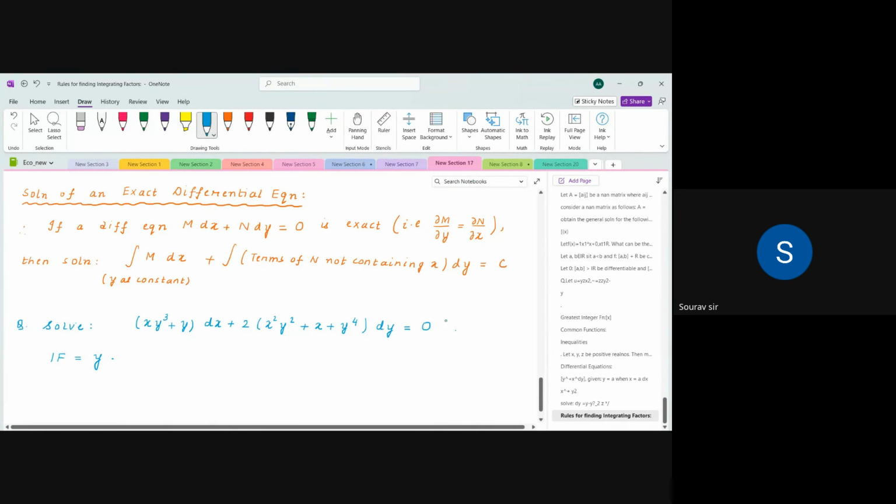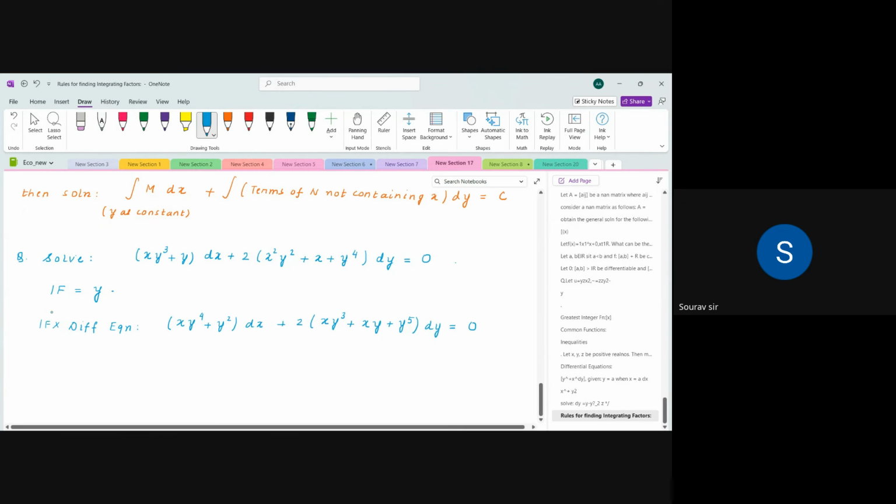So what was the idea of an integrating factor? That if you multiply the integrating factor with the differential equation, then the resultant differential equation is exact. So if you multiply it, what are we getting? x y to the power 4 plus y squared dx plus 2 x y cube plus xy plus y raised to the power 5 dy equals 0, right?